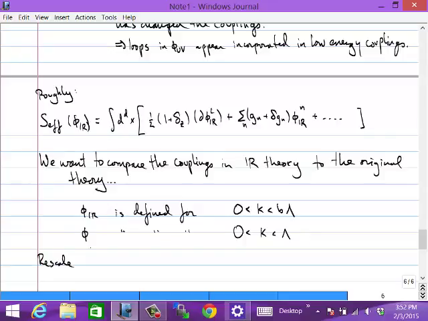So we're going to rescale. So we're going to let x prime be x over b, so that the conjugate momenta k prime is b times k, so that if, sorry, let me do it the other way around. Let's call this x times b, so that k prime is k over b, so that if k runs from 0 up to b lambda, k prime will run from 0 up to lambda.